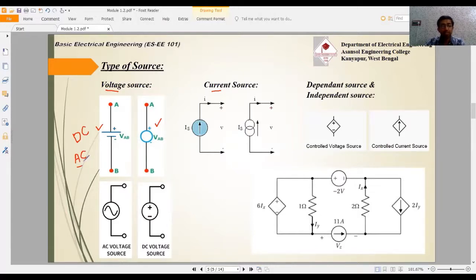That kind of voltage source can also be called an alternating voltage source. So this is the AC voltage source. That's how we represent it while adding it in a circuit. From the representation, you can say that this one is the AC voltage source and this is the DC voltage source. This is the difference of representation.